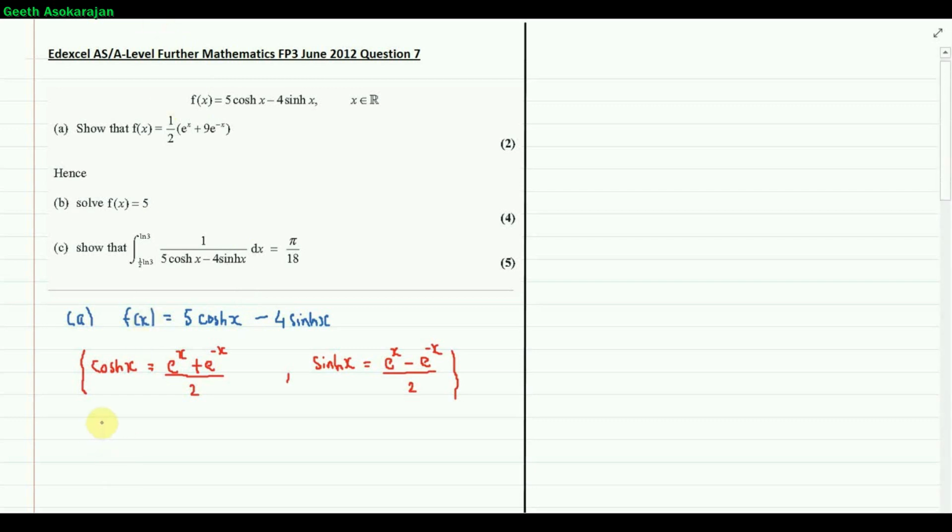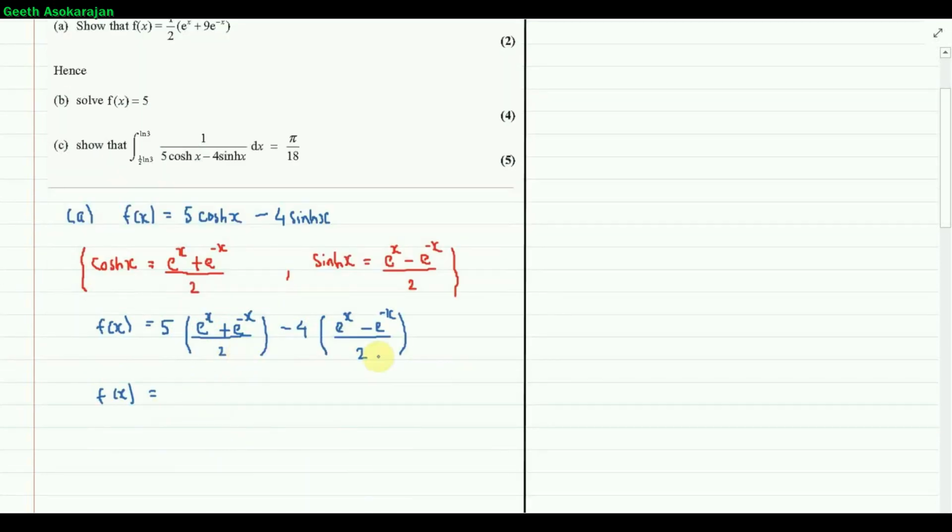So let me go back to blue. f of x is equal to this 5, and let me replace the hyperbolic cos, which is e to the x plus e to the minus x, all divided by 2, minus the 4 from here. Hyperbolic sine, let's replace that by e to the x minus e to the minus x, all divided by 2.